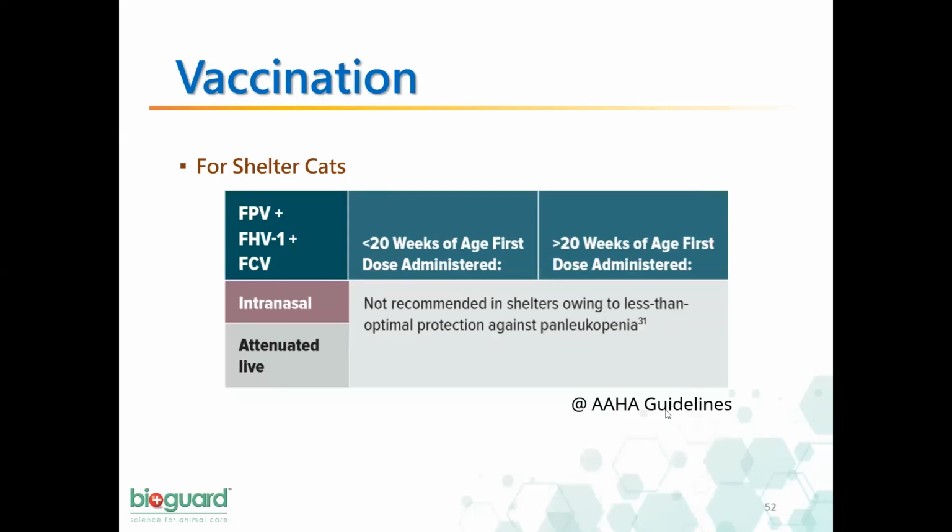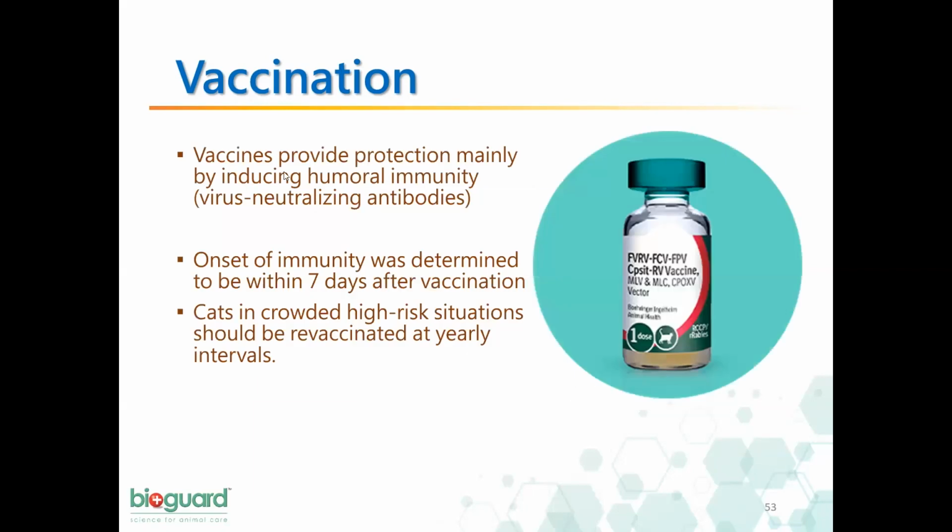In the case of intranasal attenuated live vaccines, this kind of vaccine is not recommended for shelter cats as it is more specific to the area. But other than that, we have other guidelines, such as that vaccination works mainly by inducing humoral immunity in cats.